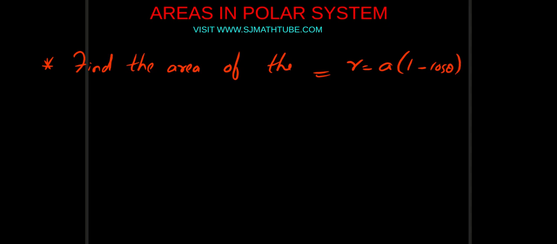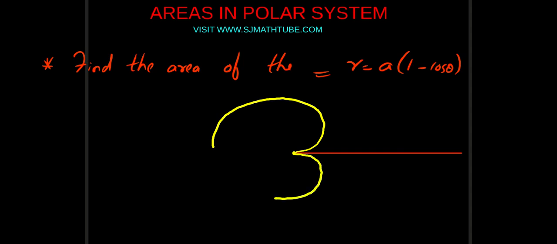So the first thing to do, as always, you have to make a rough graph. So I take the initial line, and now I have to plot the pole, and then we go for the rough picture. It will be towards this side. Okay, and it's a symmetric picture, so I can draw and join this.